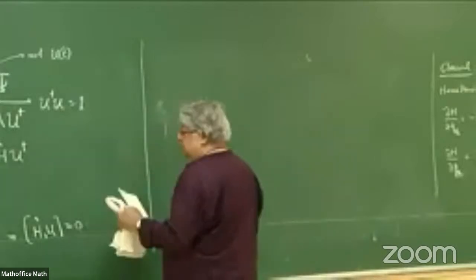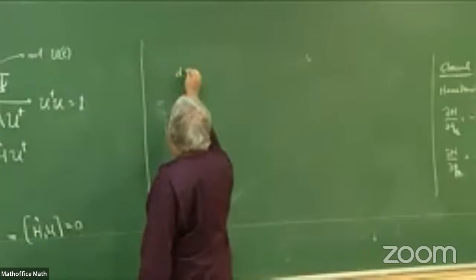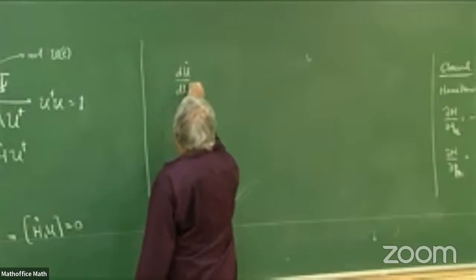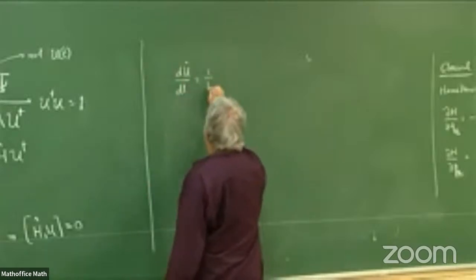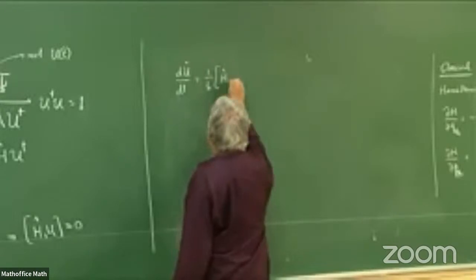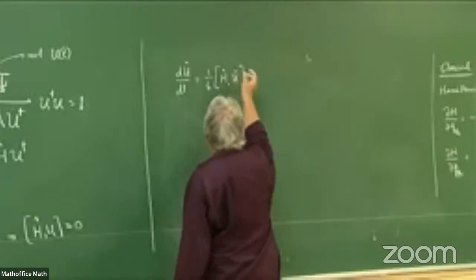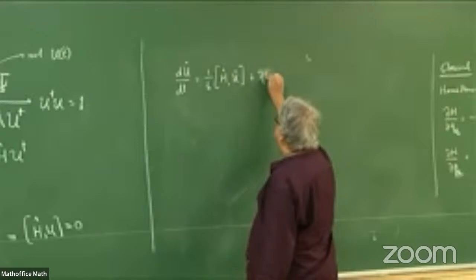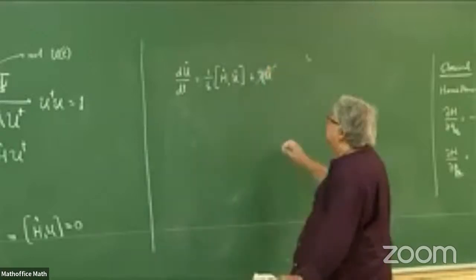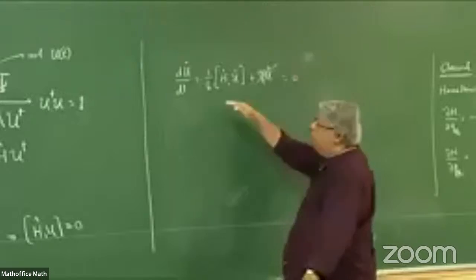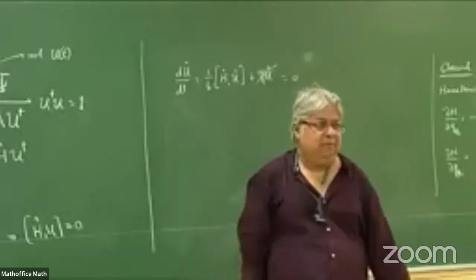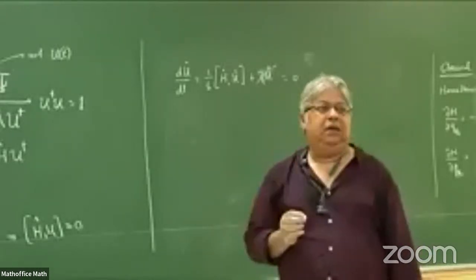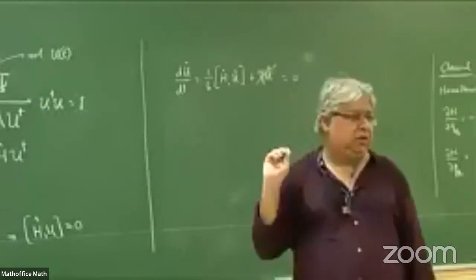So now what happens when I take the equation for the evolution? dU/dt is i over h bar times the commutator of H and U. Let's forget the explicit time dependence, so then this is 0. That means this U does not change with time. But can I call it a dynamical variable? No, because dynamical variables have to be Hermitian. This is unitary.